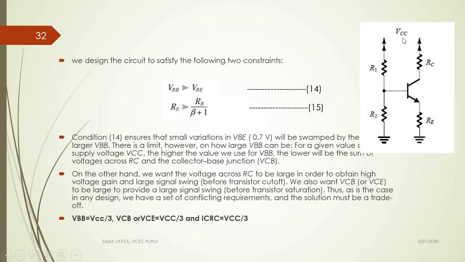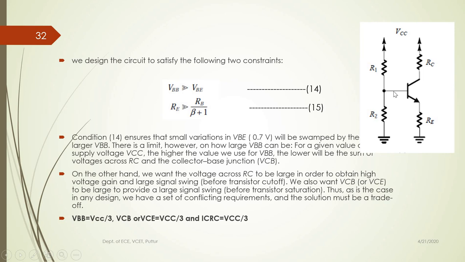So for this given supply voltage, the higher the value of VBB, the lower will be the voltage across RC and this one. See, what they are telling is, VBB is nothing but the voltage across R2. If the voltage across R2 is greater, that means the voltage across R1 is less.